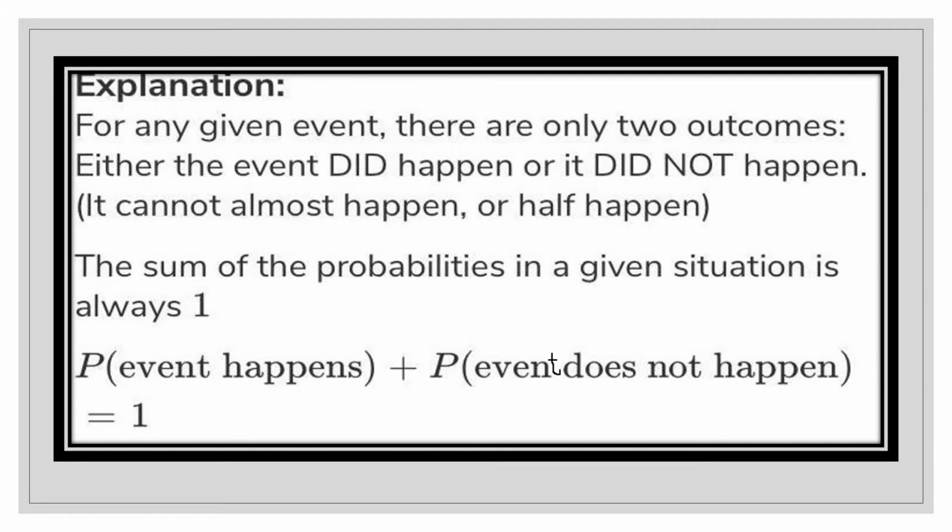For example, if the percentage of the event did happen is 60% and the percentage of the event did not happen is 40%, if you add them together, that is equal to 100%. And remember, 100% is equal to 1.